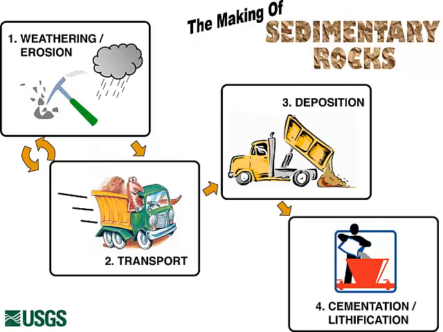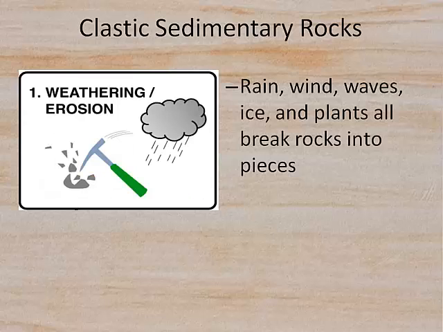So here are the 4 steps in making a sedimentary rock. The first one is weathering and erosion. Then that breaks rocks into particles. Those particles are transported, they're deposited, and then they're squished together and they're cemented. So this is clastic sedimentary rocks we're talking about.